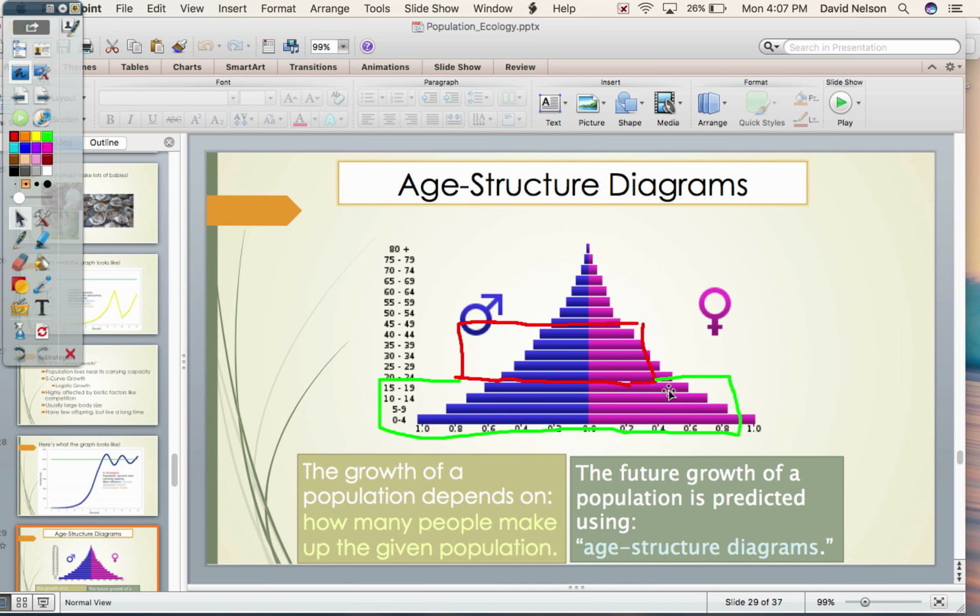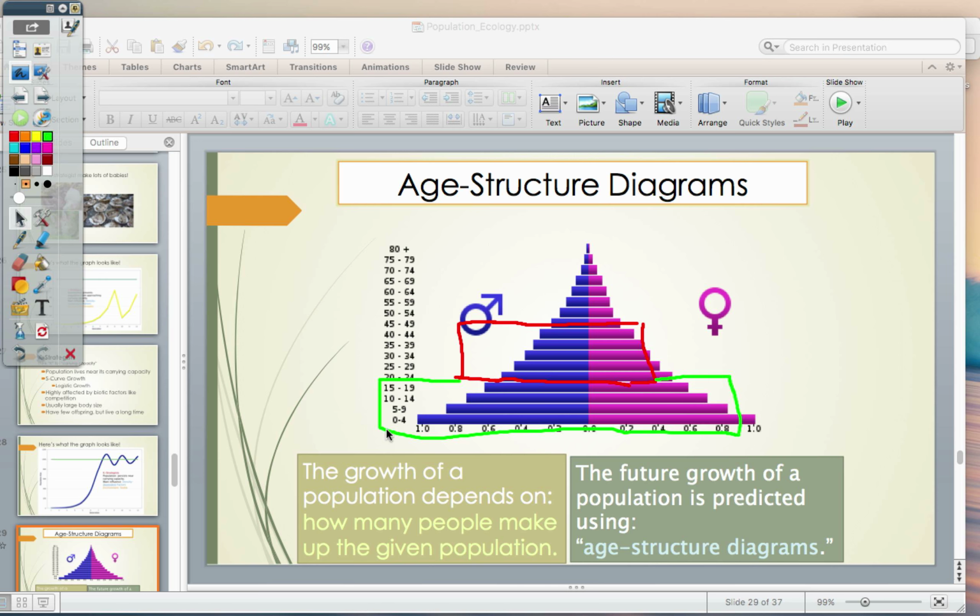Because if there are more of them, outnumbering the reproductively able group as it is now, all of them are going to shift into this next range and all reproduce themselves. So it's going to produce an even larger group after them down here. So we're going to have an increase in our population as time goes on.